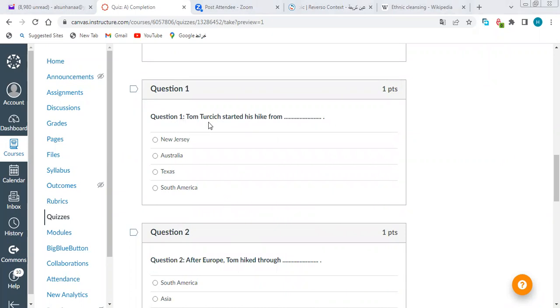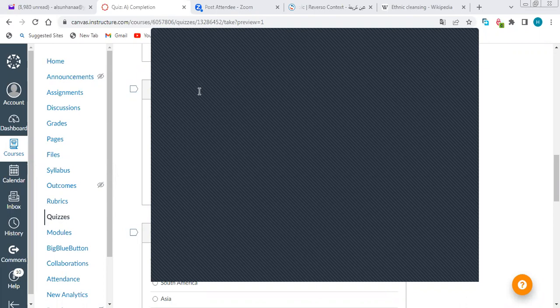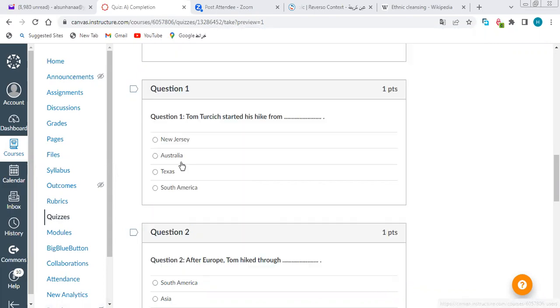Okay, question number 1. Tom Tarsish started his hike. Hike, guys, I mean to walk for a long distance. This is hike or hiking. To walk for a long distance is a long walk. So I say Tom Tarsish started his hike from New Jersey, Australia, Texas, or South America.